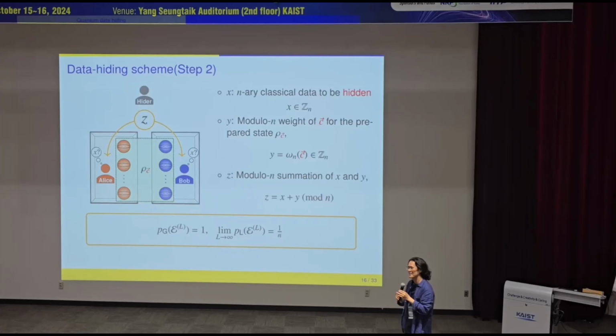Oh yeah, one more. The choice of Y is just random, so Hyder cannot control the choice of Y, which is the weight of the index vector. But the data can be Hyder's choice. Yes, so Hyder hides X, but Alice and Bob have to guess.